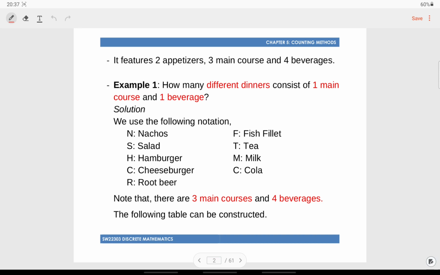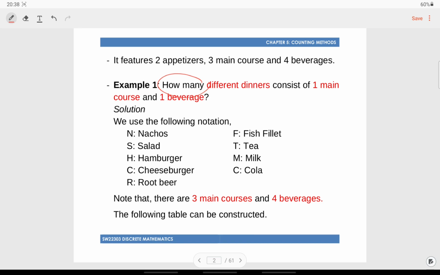We have the following example. How many different dinners contain one main course and one beverage? All right, so this is the solution. First of all, we have to use some notations to make our calculations easier. So we have a capital N for nachos, S for salad, and so on.